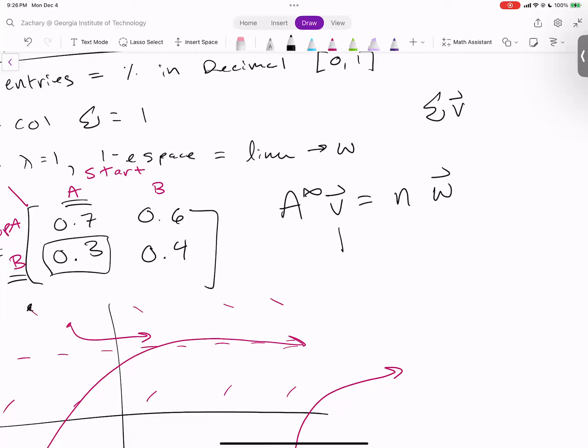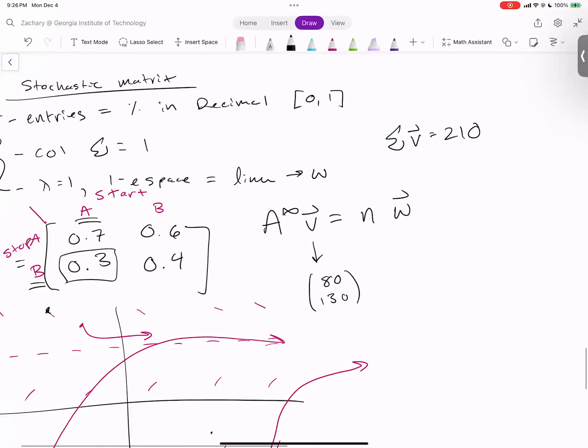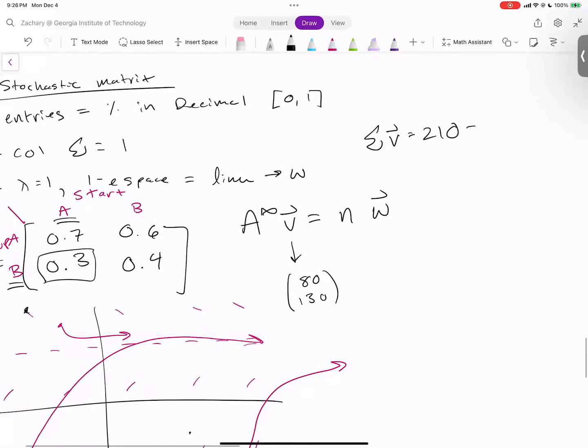Maybe in this case, 80 people are starting in A, and 130 people are starting in B. This is what my V would look like. If we add these up, we have 210 people total. That's what my N is, the total number of people. It doesn't matter where they're distributed at first, they're always going to end up in the same space. Equals N.